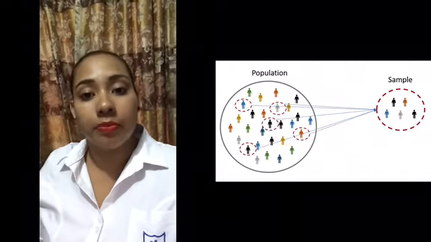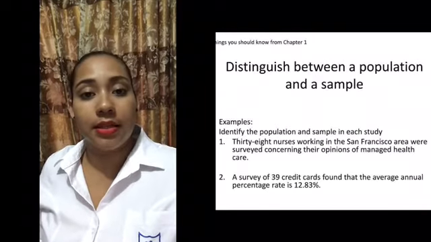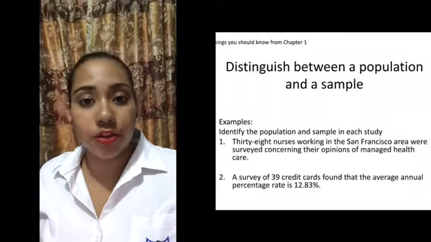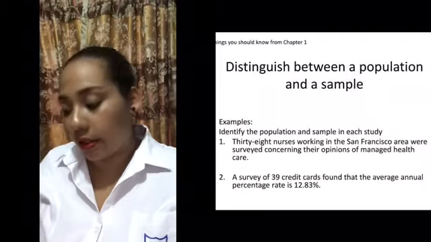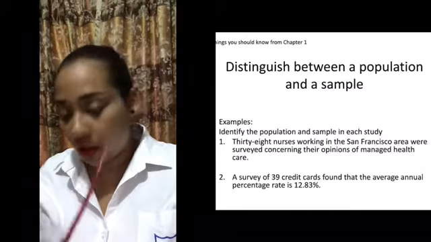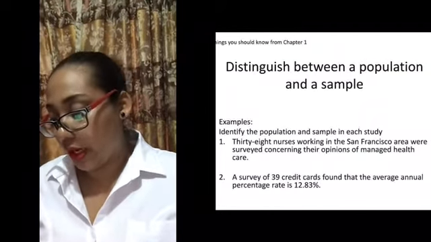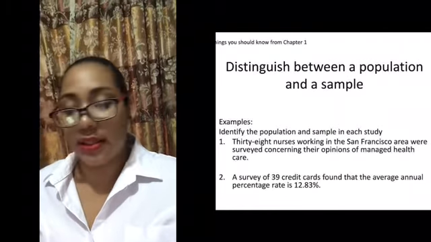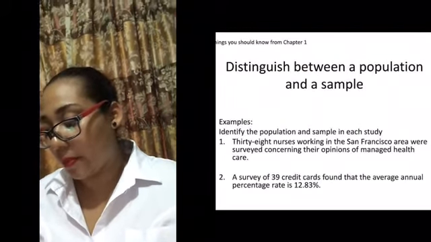Now let's continue with these other two exercises. If you observe, you also have to find the population and the sample. So let's take a look at it. I'm going to put my glasses on and let's read it together. It says distinction between a population and a sample. In these examples you need to identify the population and the sample in each study.